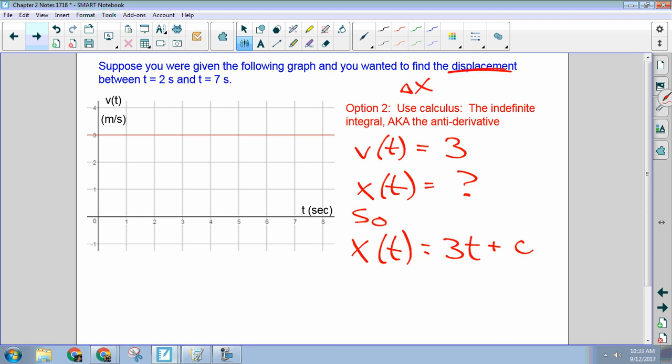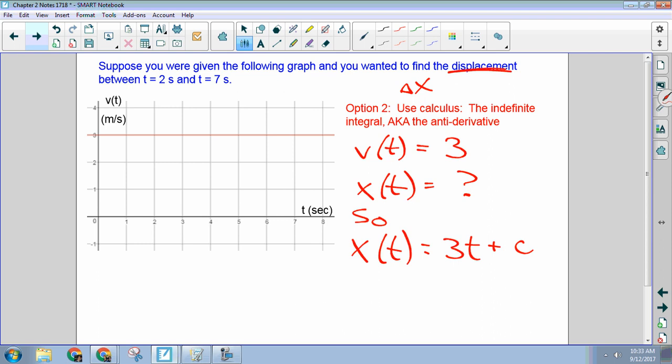Follow? Really briefly, in this example, it turns out that c is just your initial position. Because if I put zero in for t, then you get your initial position, x0. How do you know c?